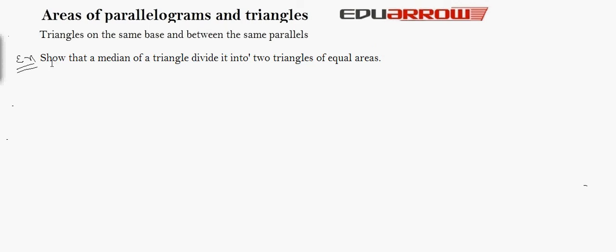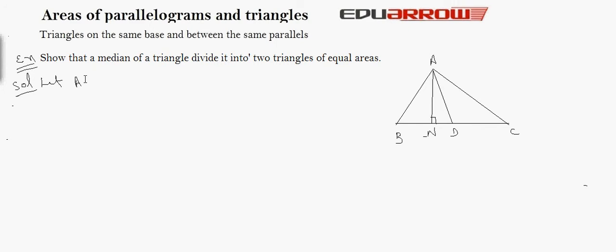Now let's do an example. Show that a median of a triangle divides it into two triangles of equal areas. Let ABC be a triangle and AD be one of its medians.